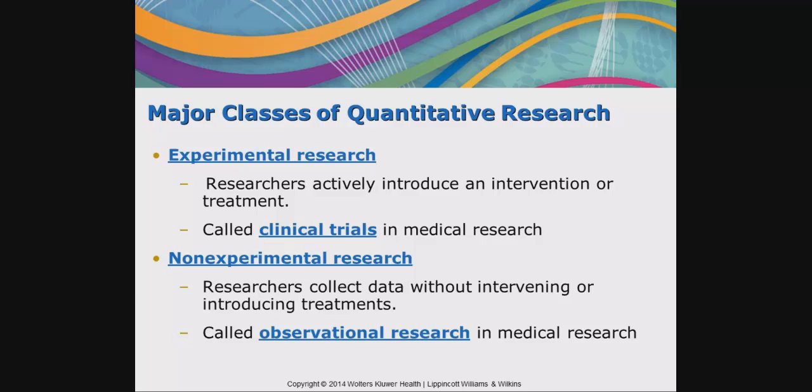Now remember, for the quantitative research, there are 4 types: the descriptive, correlational, quasi-experimental, and experimental. But remember, you can have non-experimental research within quantitative research.